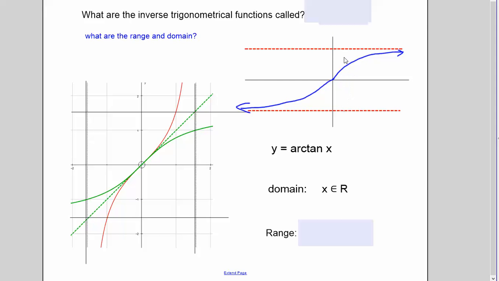The range is restricted though, so the highest point for the range will be pi over 2, and the lowest point will be minus pi over 2. Now I've got a slight error here, so it's not equal to pi over 2, it's just less than pi over 2. So I'll just draw that in. So we've just got the less than rather than less than or equal to.